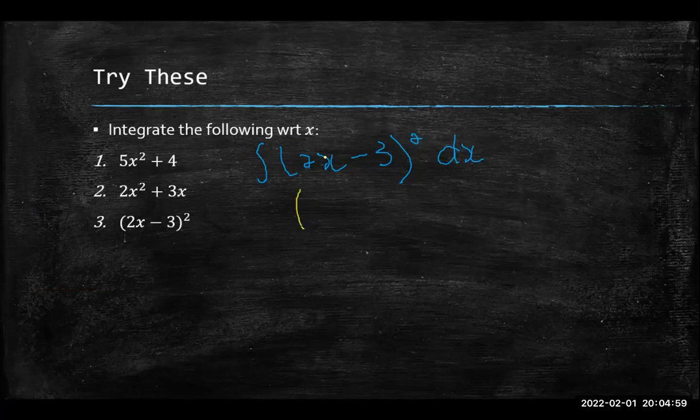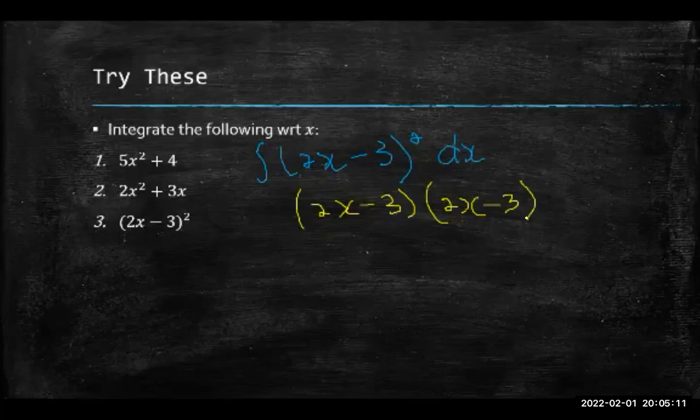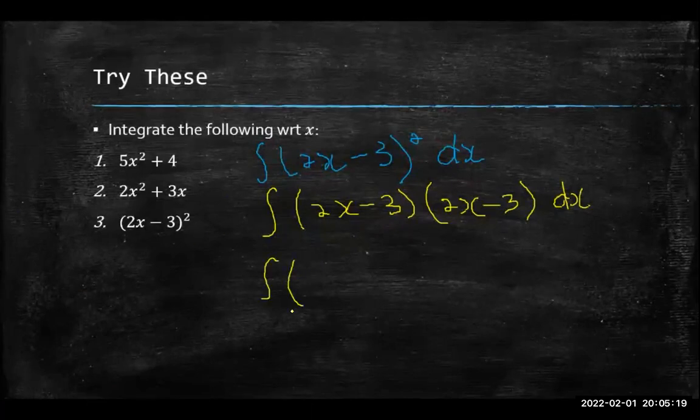So 2x minus 3 squared is the same as saying 2x minus 3 times 2x minus 3. And if I expand my bracket, I would get this expression.